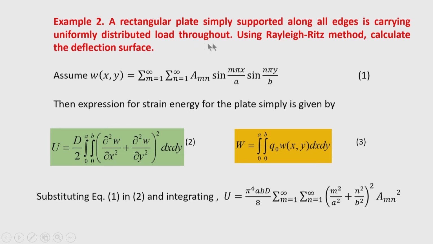Now, since the plate is supported along all edges, we take the expression for strain energy considering only the first two terms, because the terms where the Poisson ratio is involved are neglected.